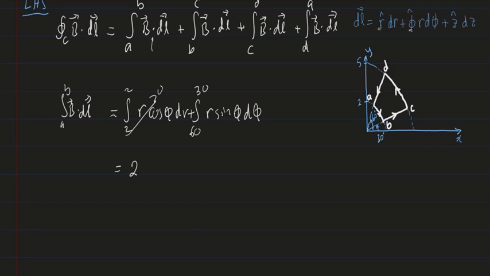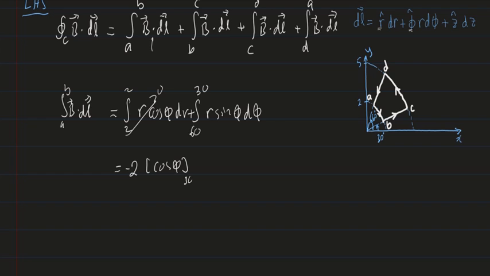The integration of sine is minus cosine, so this is minus, and here I have cosine phi. You should convert the angles to radians, but since I'm only using them inside the cosine and the sine, it will not make any difference.